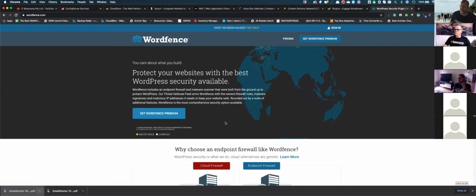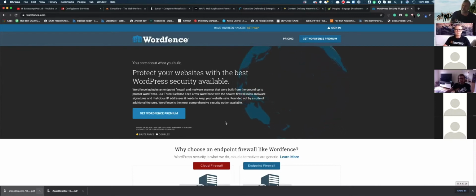The site's wordfence.com. Once installed, it has a malware scanner that scans all the files on your website for anything that looks sort of dodgy. It also intercepts information as it comes to your website and then provides blocking mechanisms to block anything that it considers a threat.